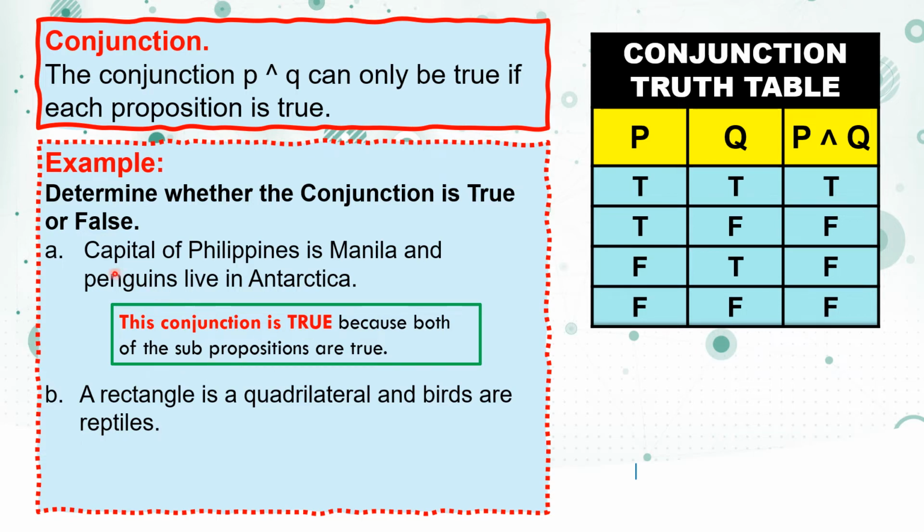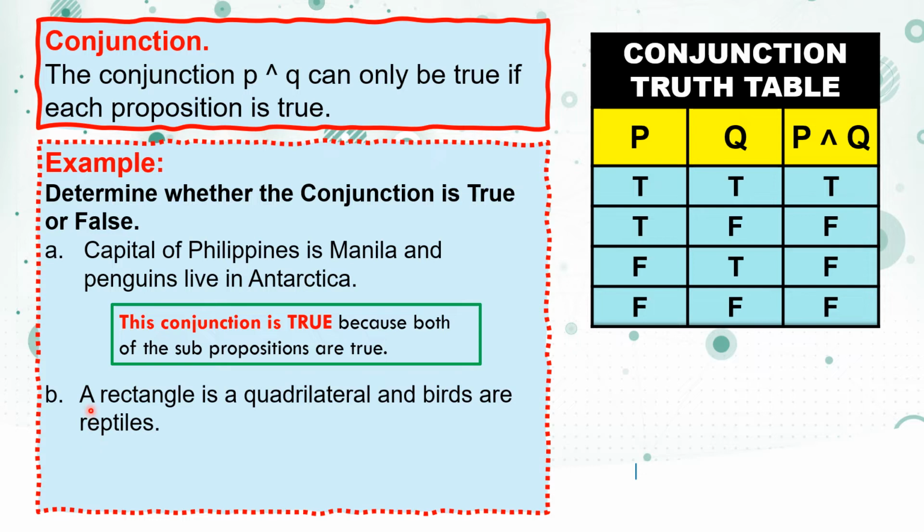So yung first sub-proposition natin ay capital of Philippines is Manila. It is true. And yung second sub-proposition natin ay penguins live in Antarctica. So again, it is true. So parehong true yung ating sub-propositions. So yung ating conjunction is true.